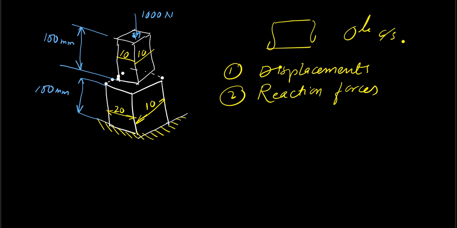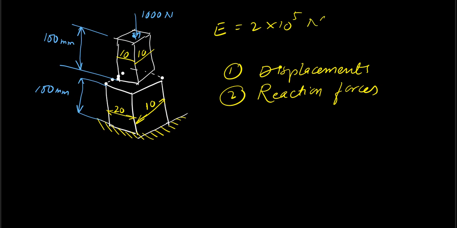The value of Young's modulus for both materials is given in the question. The value of Young's modulus is 2 into 10 power 5 Newton per millimeter square, for both materials, where E1 and E2 are the same.